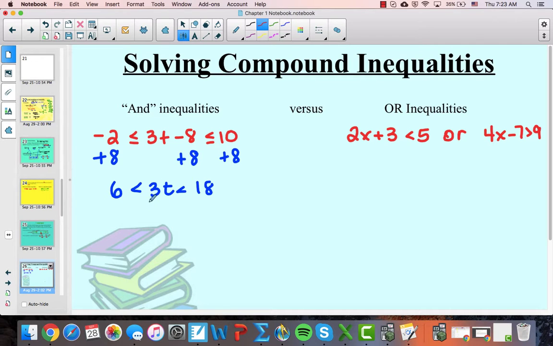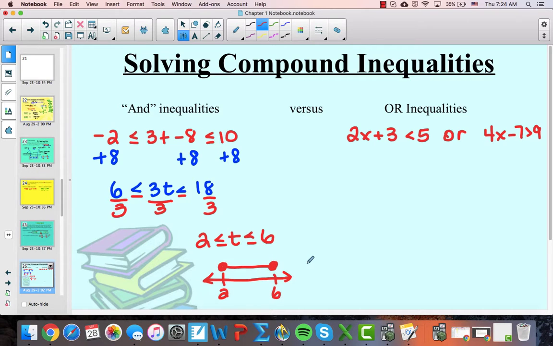Then we divide all of the pieces by 3, and so we get 2 is less than t is less than or equal to 6. My graph, again, is every number between 2 and 6, just like that.